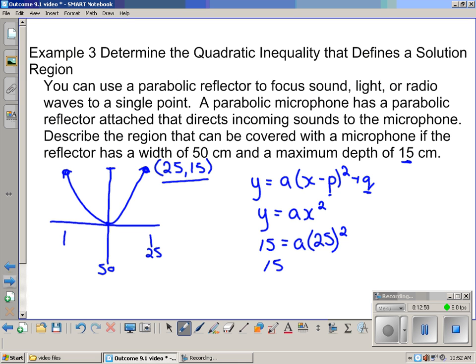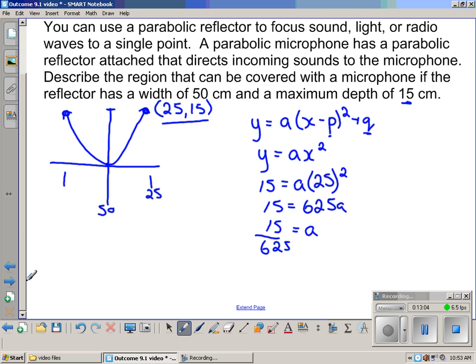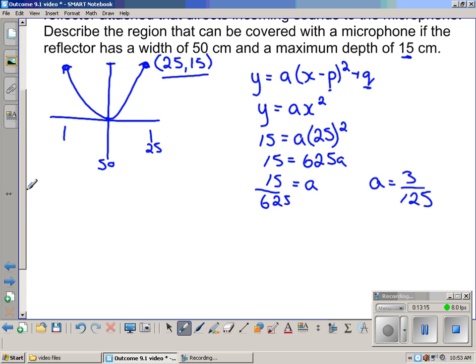So 15 equals 625a, or a is equal to 15 over 625. 15 over 625 will reduce and give me an a value of 3 over 125. So my equation of that boundary is y equals 3 over 125, which is my a, times x squared.